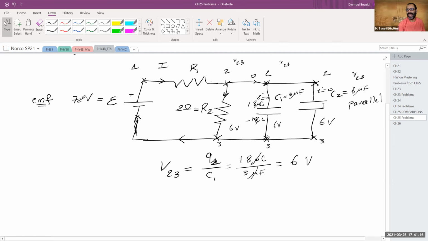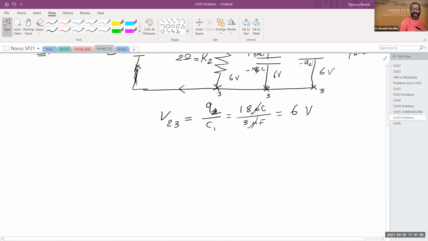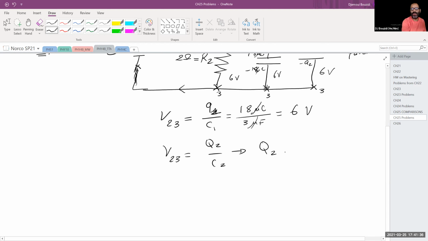They wanted us to find the charge that is sitting on negative Q2 in here. That's what they want. Well, we know that V23 also is equal to Q2 over C2. And we just figured out what V23 is. So from here, I'm going to find that Q2 must be C2 times the same voltage of 6 volts.